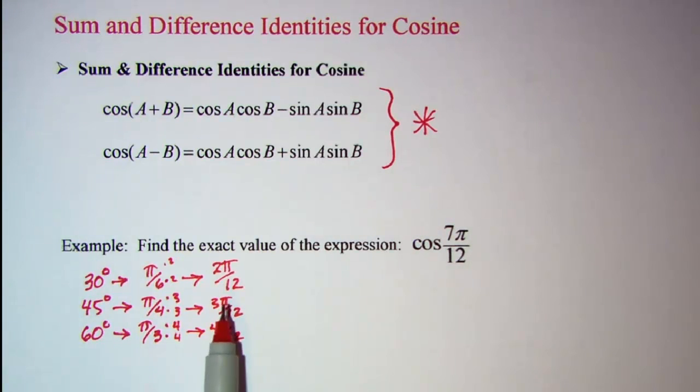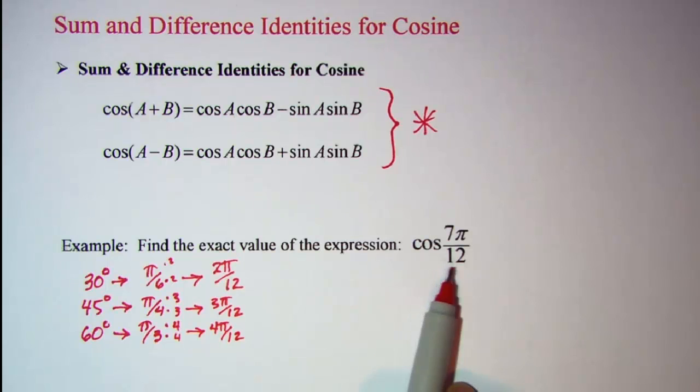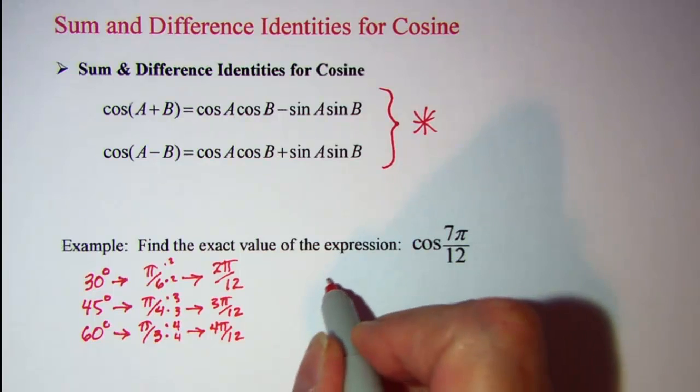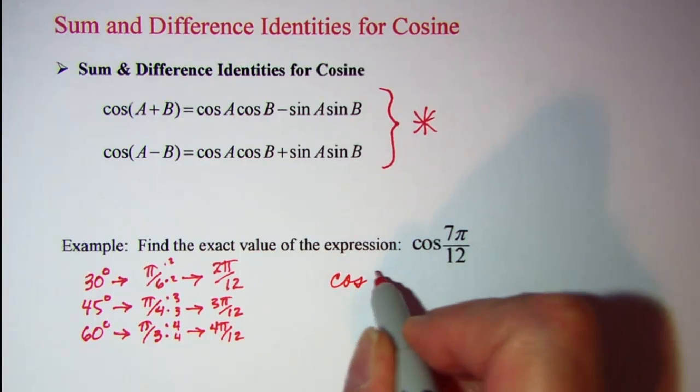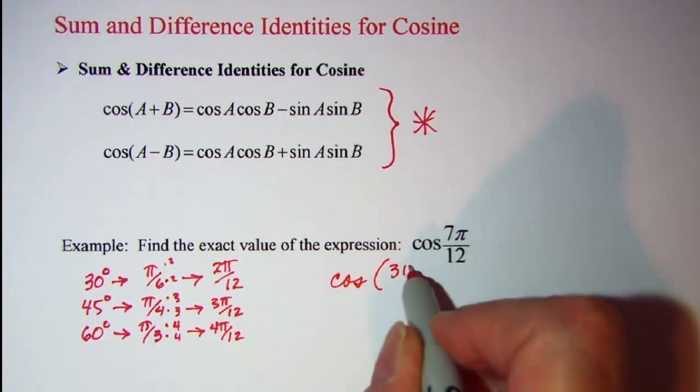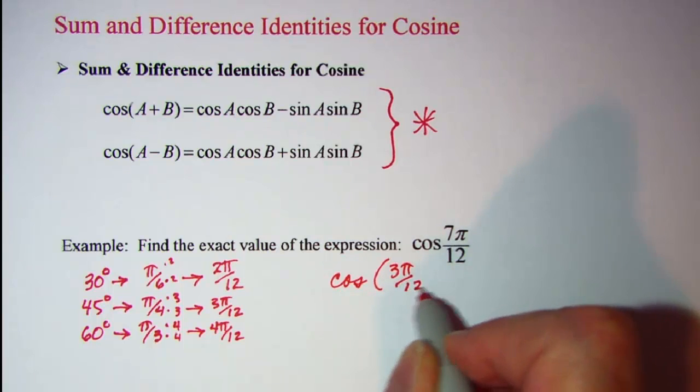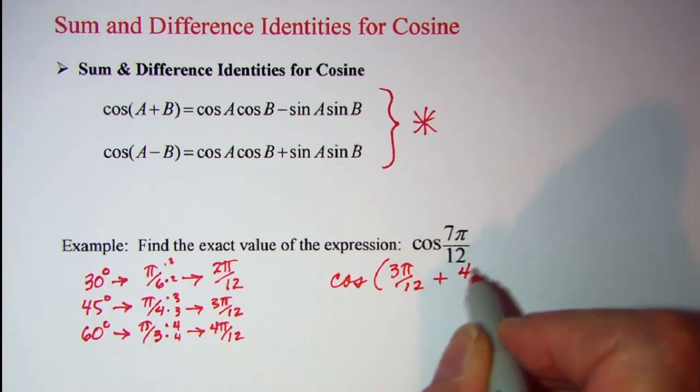Now it's easier to see that to get 7 pi over 12, I'll want to combine 3 pi over 12 and 4 pi over 12. So I'll rewrite this as the cosine of 3 pi over 12 plus 4 pi over 12.